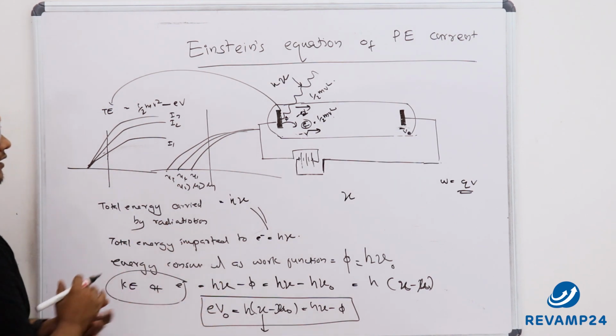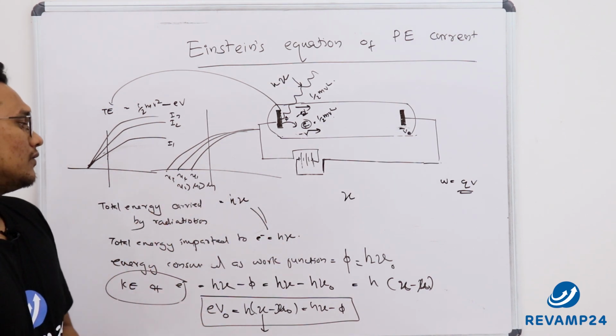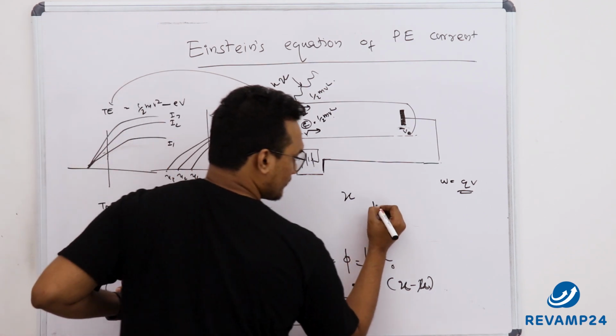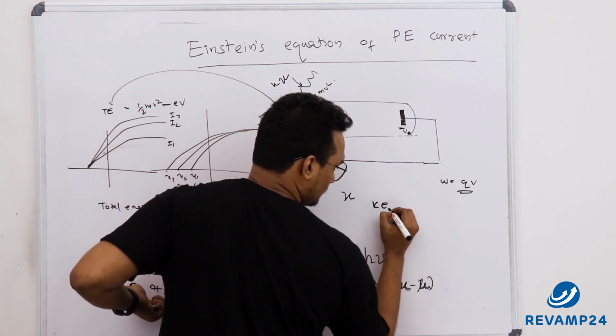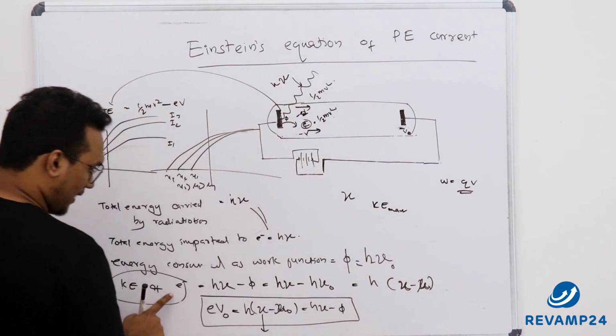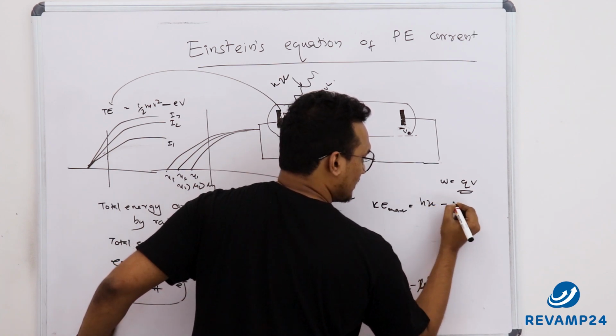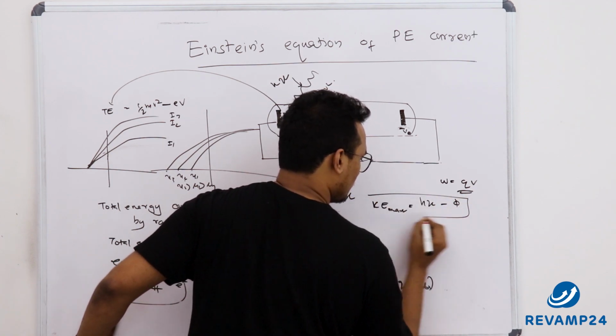So according to the question, you can use different values. Now use this equation: KE max. This is the maximum kinetic energy, right? KE max is equal to h nu minus phi.